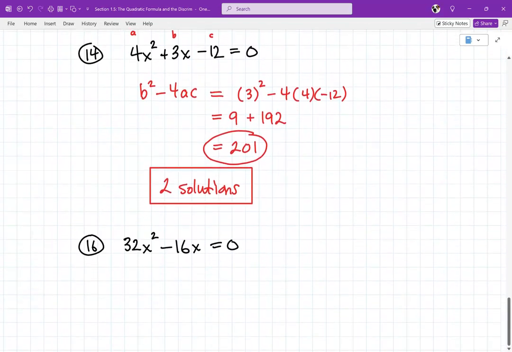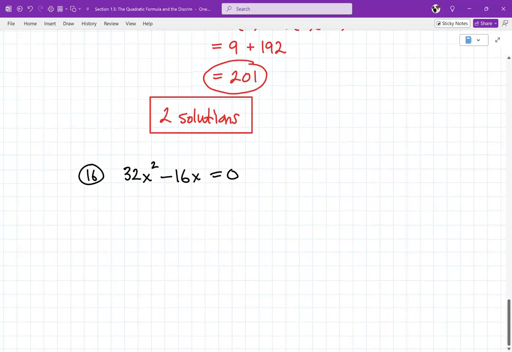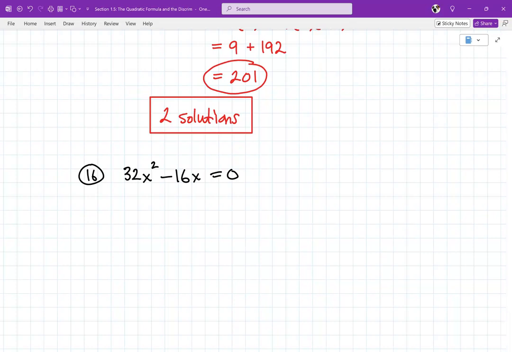Let's do it one more time. Number 16. Which letter is missing, A, B, or C in this case? C is missing because C is just the number, right? Like a 5, a negative 12. There's no just a number on the left side. There's an x squared and an x. That's my A and my B. C is 0, okay? So B squared minus 4AC is equal to, let's see, B squared.